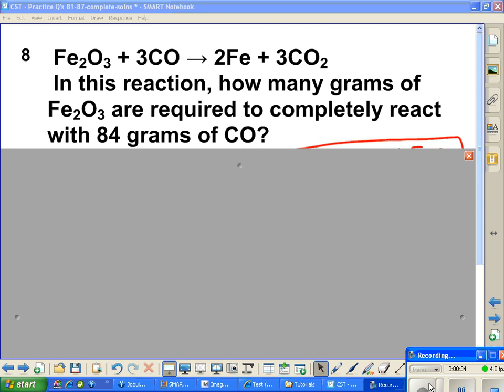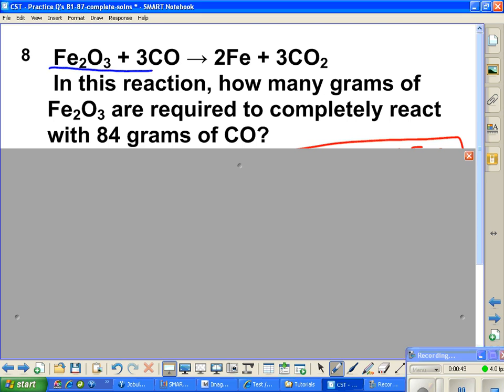Number 8 is iron oxide, or iron 3 oxide. Iron 3 oxide plus carbon monoxide is going to give you iron and carbon dioxide. That's what you're seeing up here in this question. So what are they asking you about it?